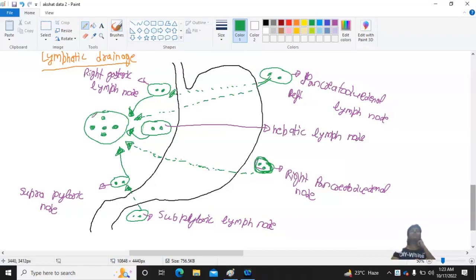Now from the celiac trunk, where does this lymph go? It goes into a bag-like structure called the cisterna chyli, and then goes into the thoracic duct. This is called the thoracic duct.